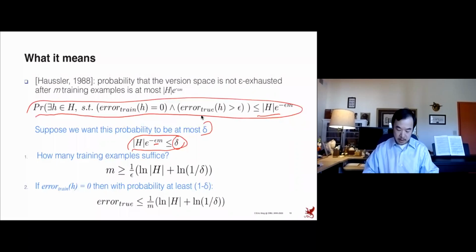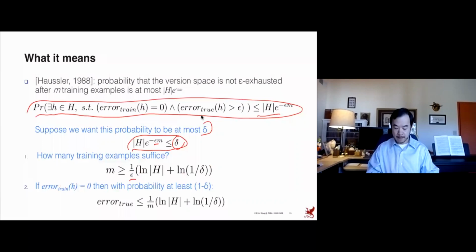To achieve a hypothesis which makes a small epsilon, and to achieve that with high probability 1 minus delta, you can connect epsilon, delta, and the size of the hypothesis space with this equation. You need to have m examples greater than this quantity to achieve training error 0, meaning getting one hypothesis in the version space, which is going to have a small epsilon with high probability.